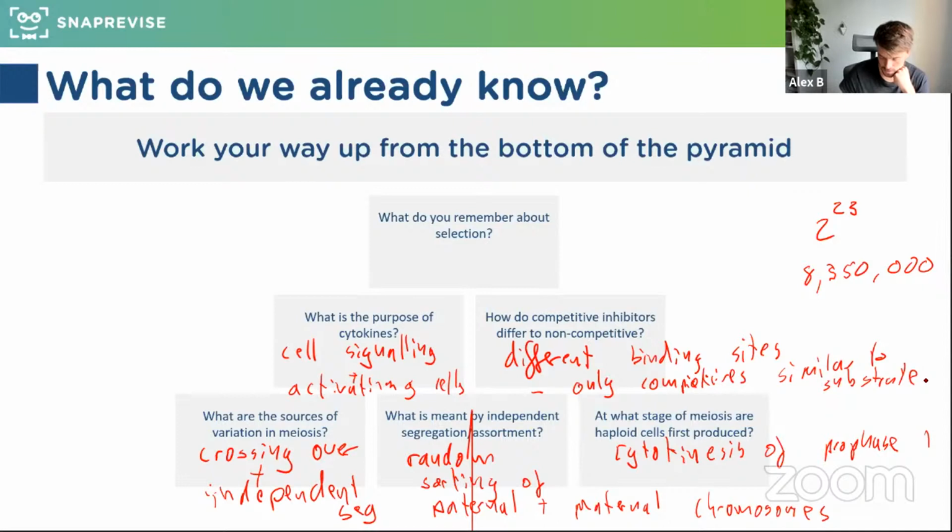So final question, what can you guys remember about selection? Presume we're talking about natural selection here. But we're also going to look at some other types. Yeah, nice.